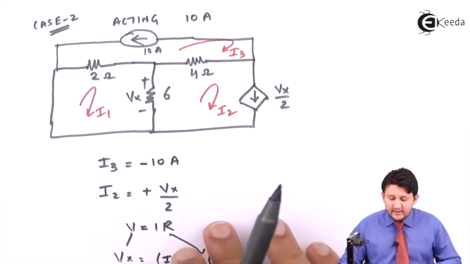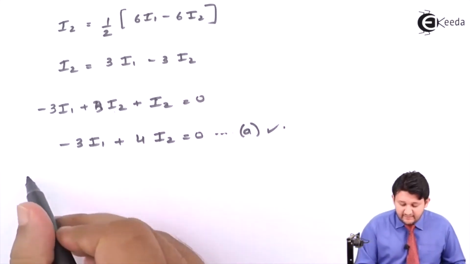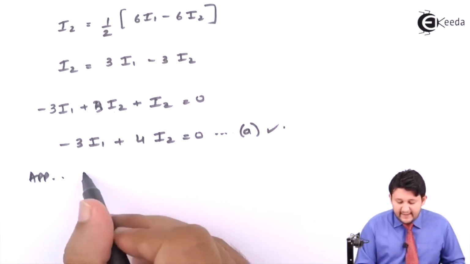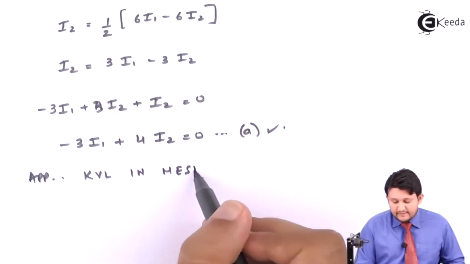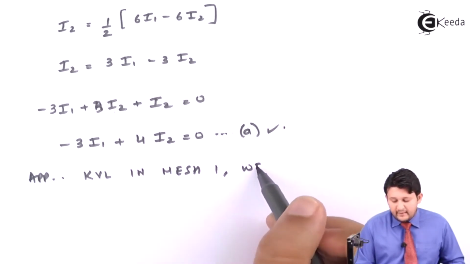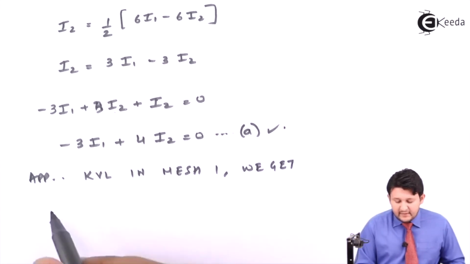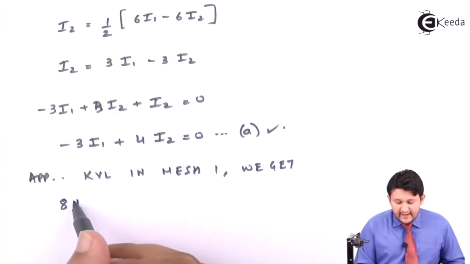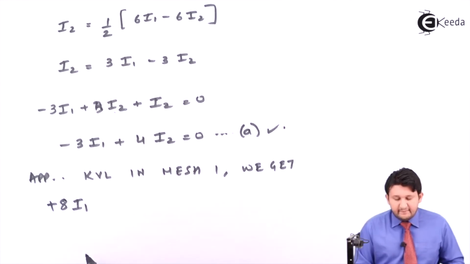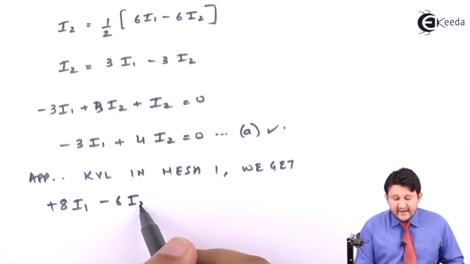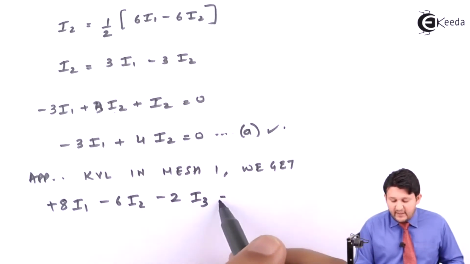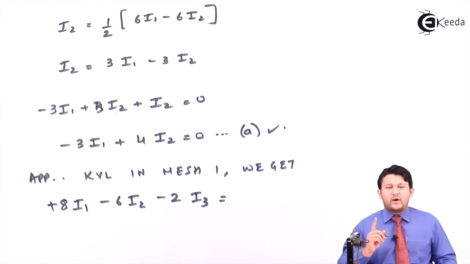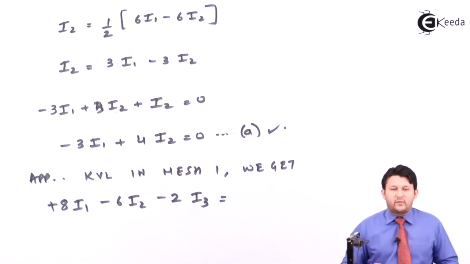I hope you're getting it. So let's write the equation. Applying KVL in mesh 1, we get 8I1 positive, because that is the mesh current, next minus 6I2, next minus 2I3 equal to. Once I write equal to, I just need to put down the voltage.